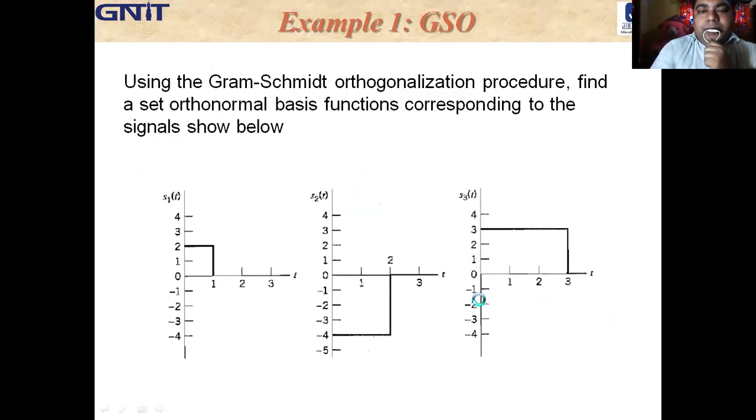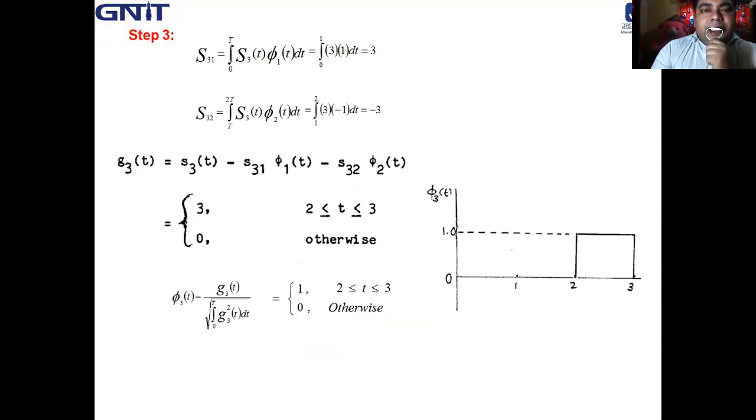Phi 1(t) exists only from 0 to 1. So the integration limit is 0 to 1, the amplitude of S3(t) is 3 and phi 1(t) is 1. So it is 3.